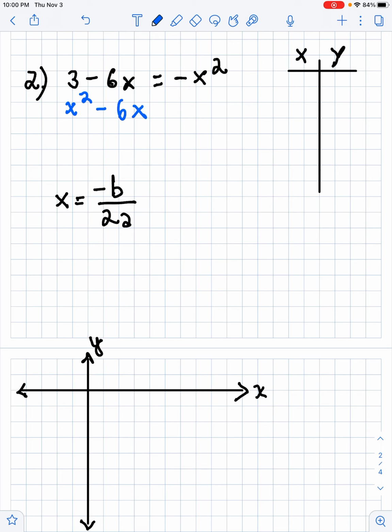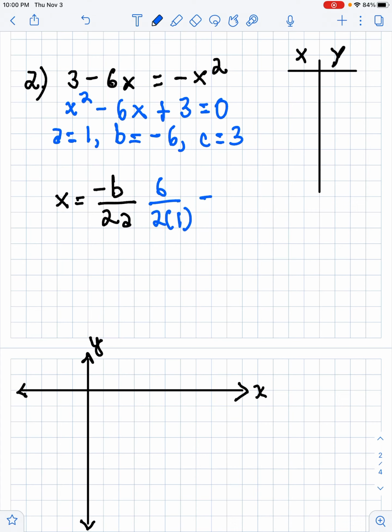So I'm just going to add x squared to both sides and then write it in standard form. So I have x squared minus 6x plus 3 equals 0, which means a is 1, b is -6, and c is 3. So when I plug in, the opposite of -6 would be 6 over 2 times a. That's going to give us a positive 3.